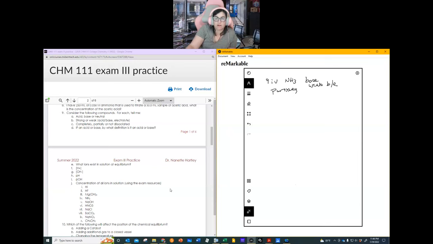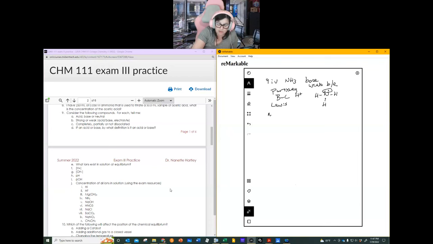The Bronsted-Lowry is a proton acceptor, and it is a proton acceptor, so it is also a Bronsted-Lowry base, because it accepts the proton. But it is a Lewis base, again, because this is our Lewis structure, and this lone pair is what we can donate for our Lewis base. So we hit both of those definitions.